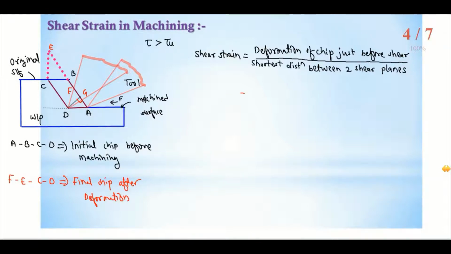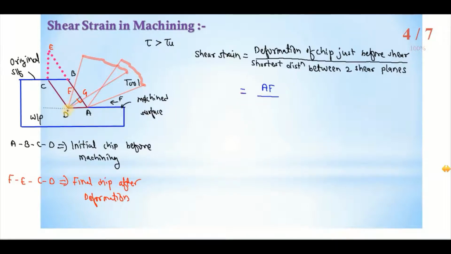So here this deformation is nothing but AF, that is deformation just before shear. From this the shear is taking place: AF upon the shortest distance between two shear planes.